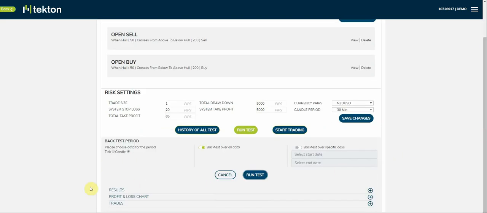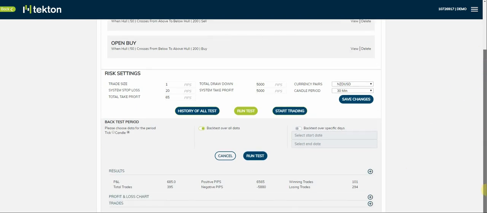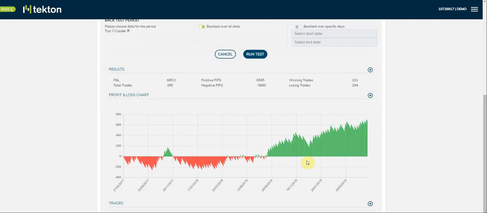Here we have the results when this table comes up. So we click here for the results. And the result is showing me a 685 pip profit for that period, which is pretty good on one system. If we click here for the profit and loss chart, it will allow me to scroll down and see that most of the positive returns came in the important part, which is the most recent.